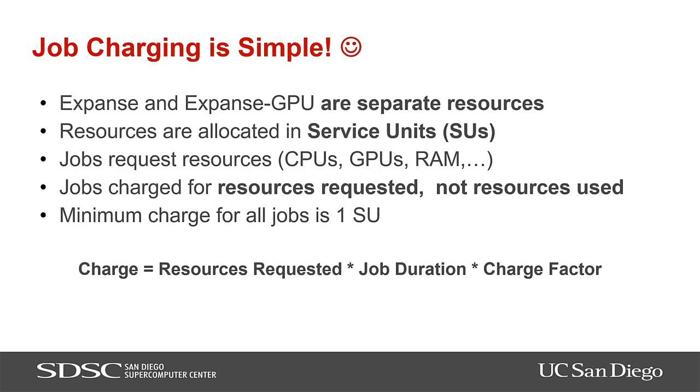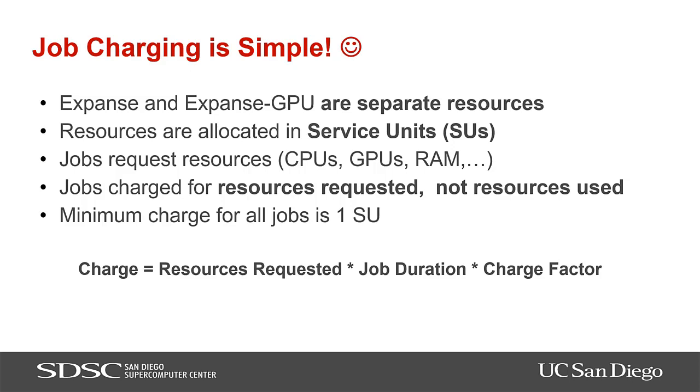The high level thought here is that jobs are charged for the resources that you request, meaning the actual cores or GPUs you request, not the resources that you use.